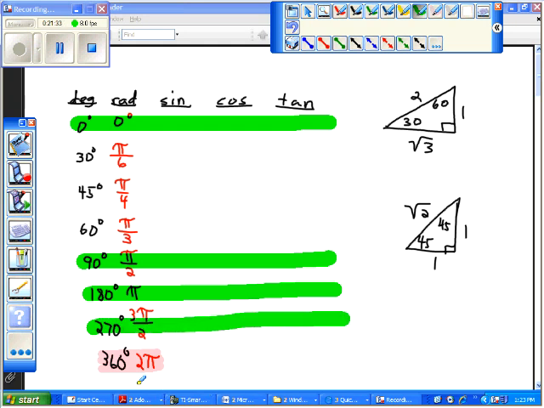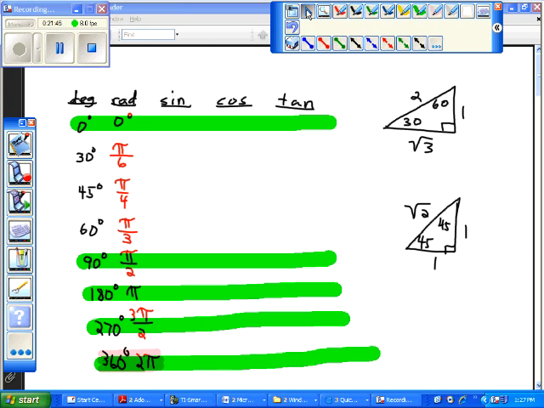And 360 degrees would be where you started, at 0. Those things I have highlighted, the first and last being identical twins, are what we call quadrantal angles. They land on an x or y axis. The rest of these land out in quadrant 1, 2, 3, or 4 somewhere.